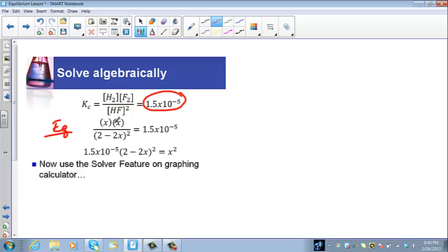I had x times x divided by 2 minus 2x, and that was squared because of the coefficient, equaling this. If I set this up as an equation, I'm going to multiply both sides by 2 minus 2x squared.